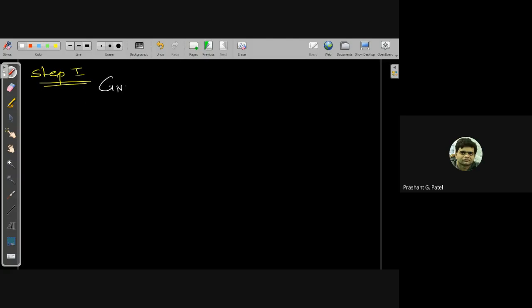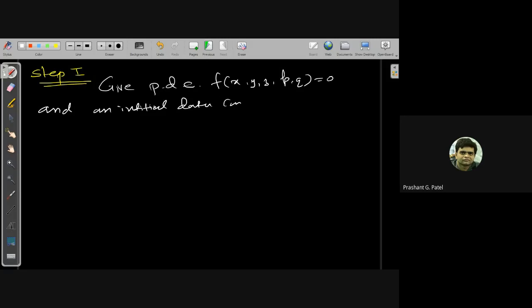The given PDE is f(x, y, z, p, q) equal to 0 and the initial data curve is x equal to x0(s), y equal to y0(s), and z equal to z0(s). This initial data curve is given.